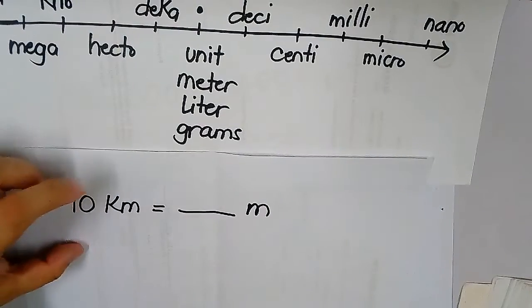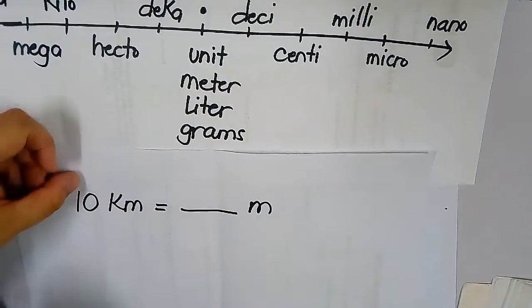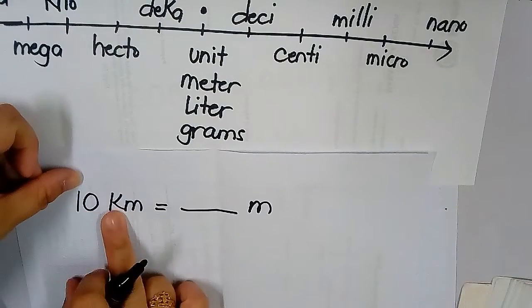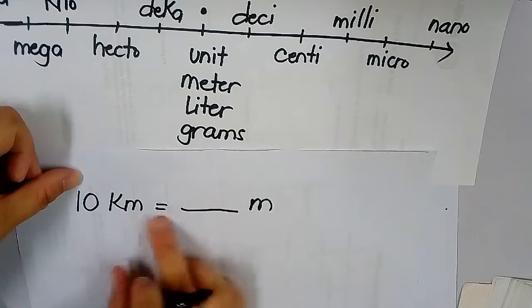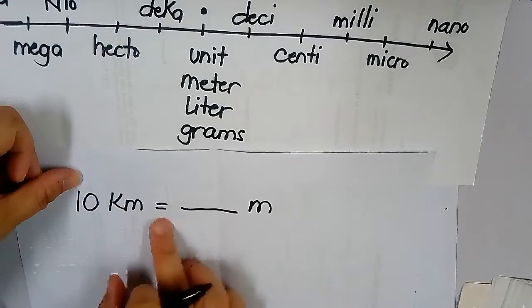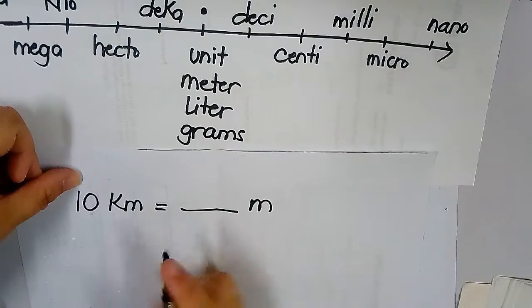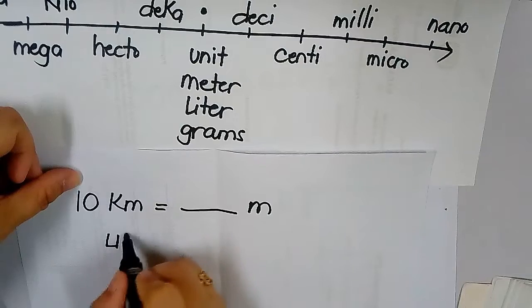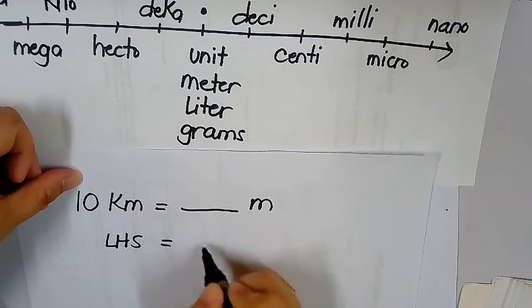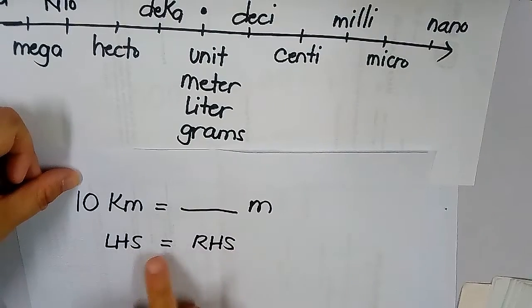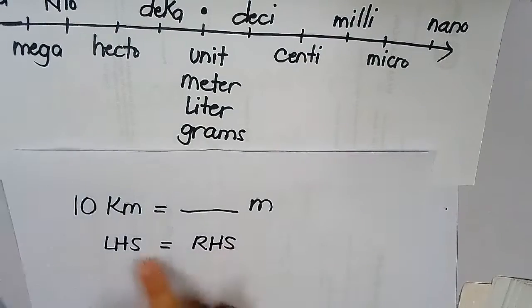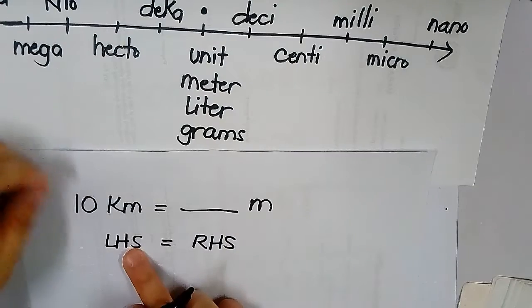How many meters are there in 10 kilometers? That's what is being asked. If we are going to convert this, don't forget that the equal sign has a left hand side and a right hand side. The left hand side must also be equal to the right hand side. Whatever you do here, you have to do also here.